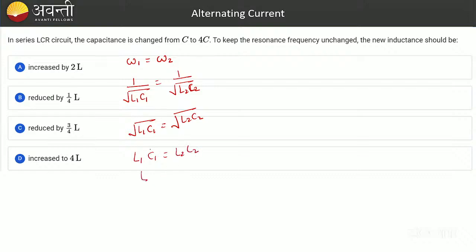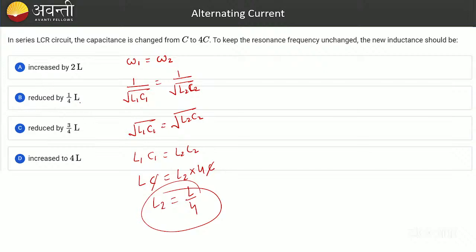Now let's suppose L1 is L, the initial value, and C1 is C, but C2 will become 4C. So we can say L2 is nothing but L by 4. To keep the resonant frequency unchanged, someone of you will choose this, but the answer is given in terms of change.